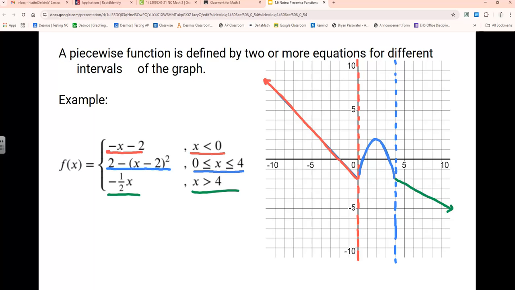So with a piecewise function, and we're going to do this in a second whenever we actually want to graph a piecewise function, you are sort of chopping up your graph and putting those pieces of that graph together. Now this particular graph all connects together. They don't always do that, and we'll look at some that don't, but all of the pieces connect together for this graph.